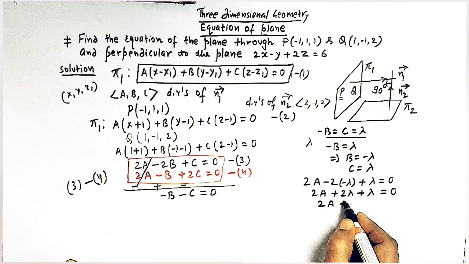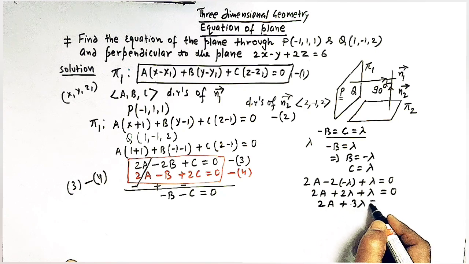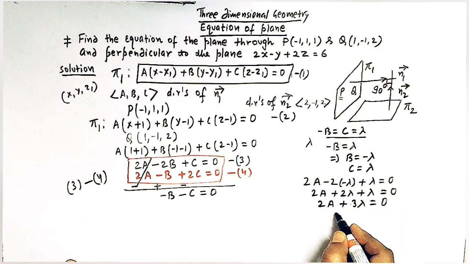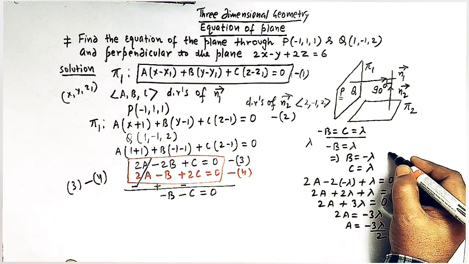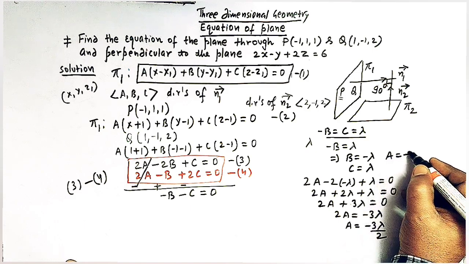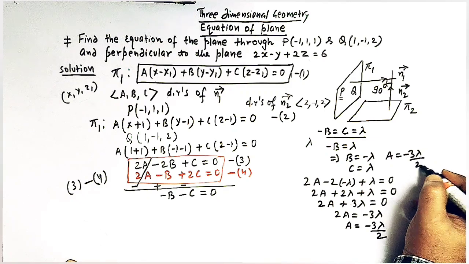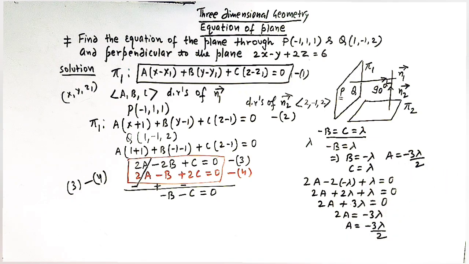So 2a plus 3 lambda is equal to 0. So we can now write 2a is equal to minus 3 lambda. So a is equal to minus 3 lambda over 2. So now we have the values of a, b and c in terms of lambda.